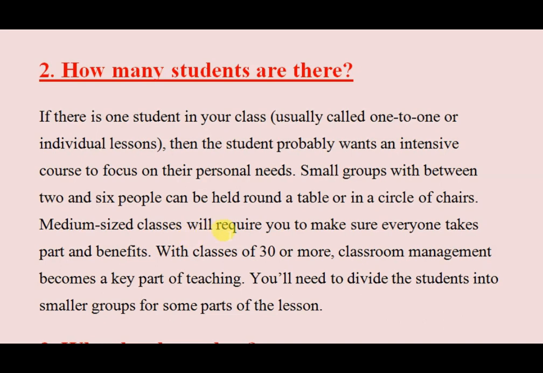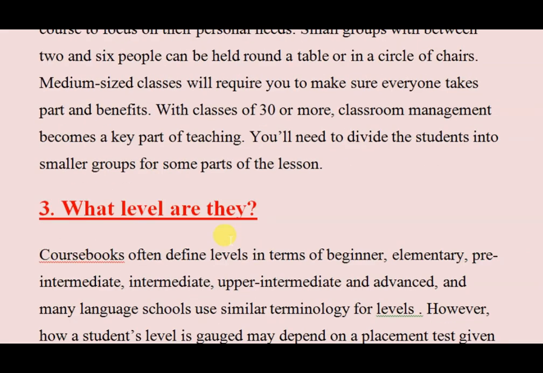Medium-sized classes will require you to make sure everyone takes part and benefits. With classes of 30 or more, classroom management becomes a key part of teaching. You'll need to divide the students into smaller groups for some parts of the lesson.